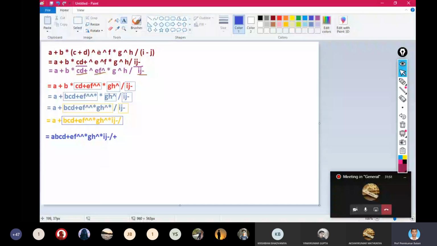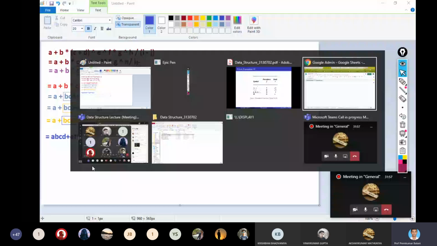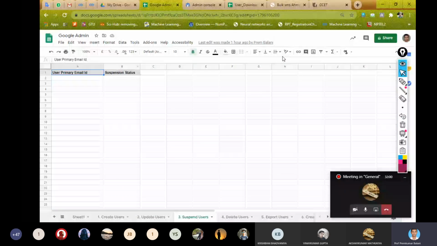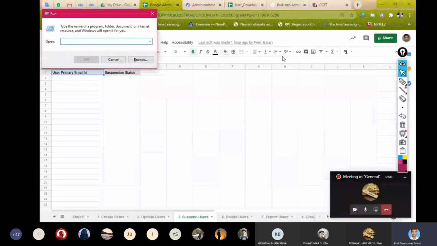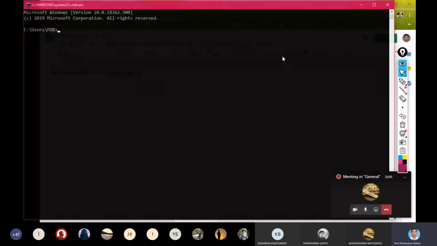So let us check whether we have got the right answer or not. There are online tools, I think, in a scientific calculator this facility is available.